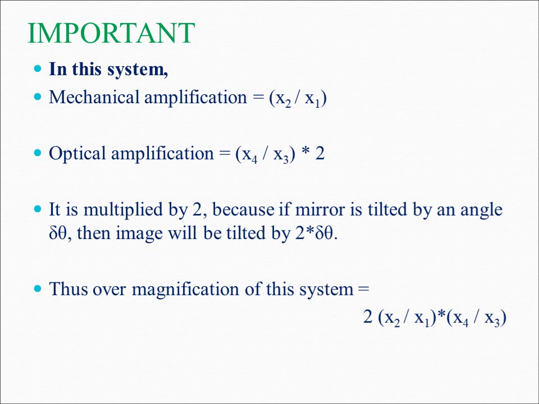It is multiplied by 2 because if the mirror is tilted by an angle delta theta, then the image will be tilted by twice delta theta. So the overall magnification of the system is the multiplication of mechanical amplification and optical amplification, that is equal to twice x2 by x1 multiplied by x4 by x3. This is the overall magnification of a mechanical optical comparator.